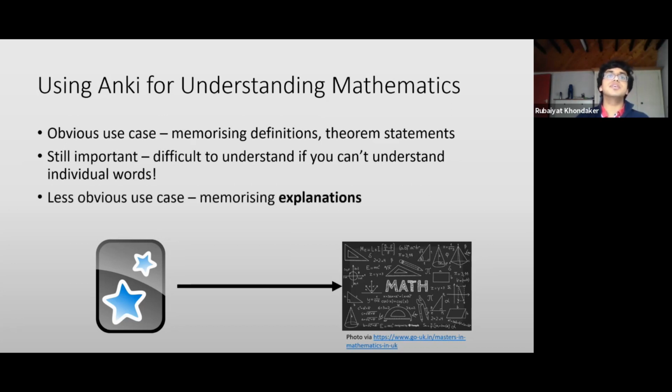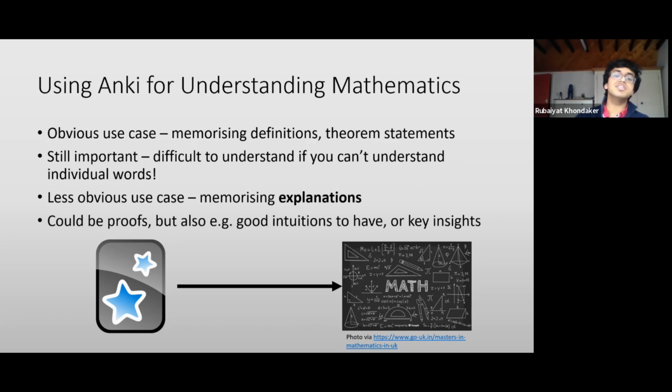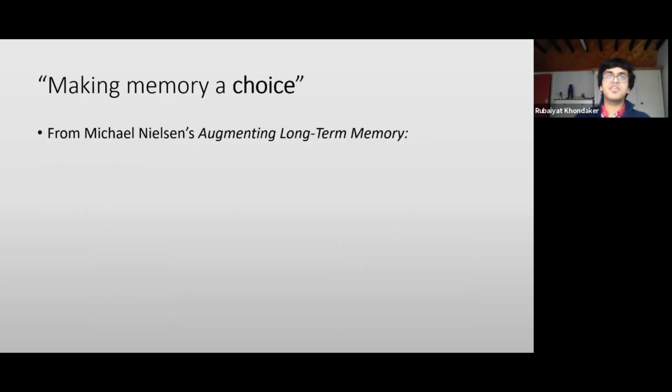A less obvious use case is memorizing explanations. That could be proofs. It could also be good intuitions to have, key insights. To see what I mean by this, you have to go for the idea that Anki somehow makes memory a choice. This is from Michael Nielsen's Augmenting Long-Term Memory.